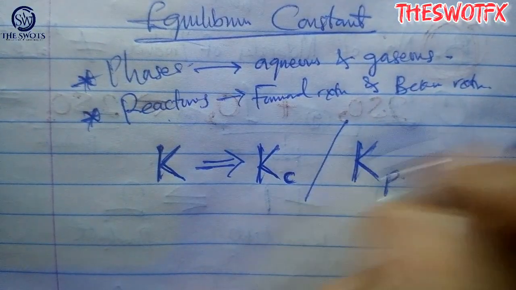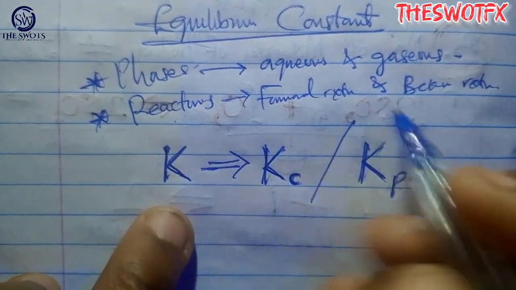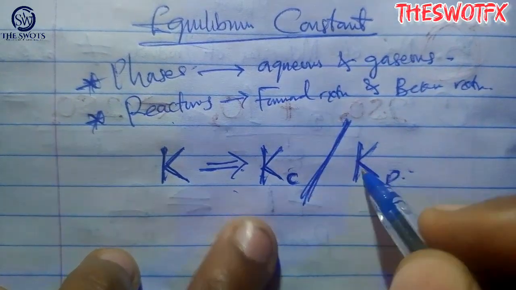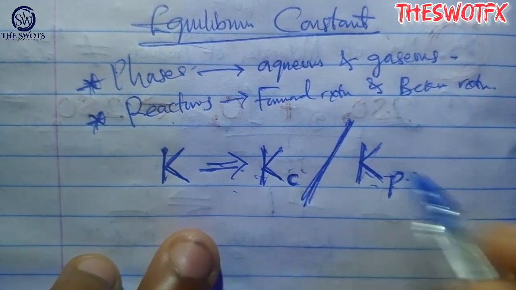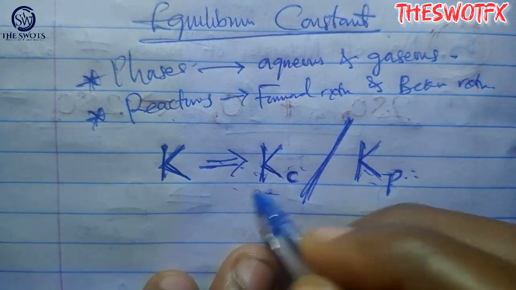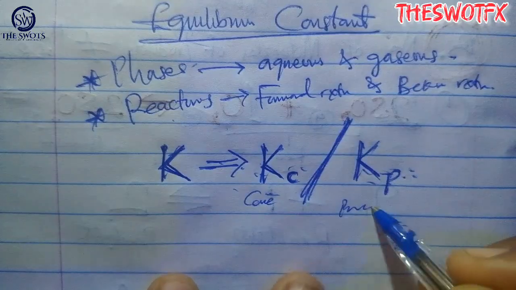There is a relationship between the two of them. So this is the concentration constant, and this is the pressure constant.